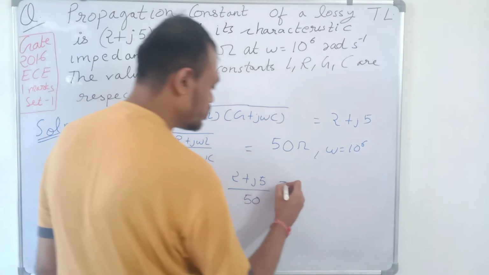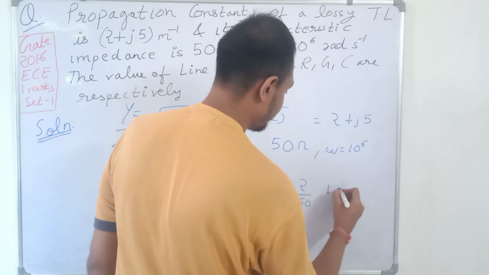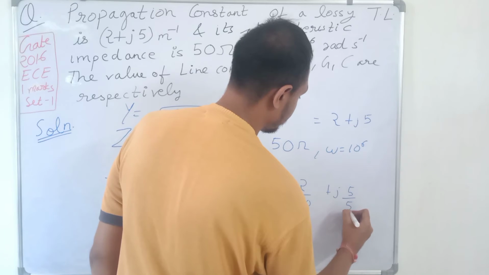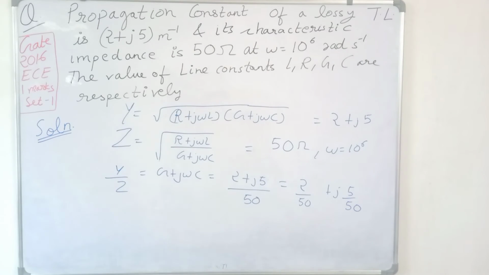So this is equal to 2 upon 50 plus j5 upon 50. So this will give G equal to 0.04.